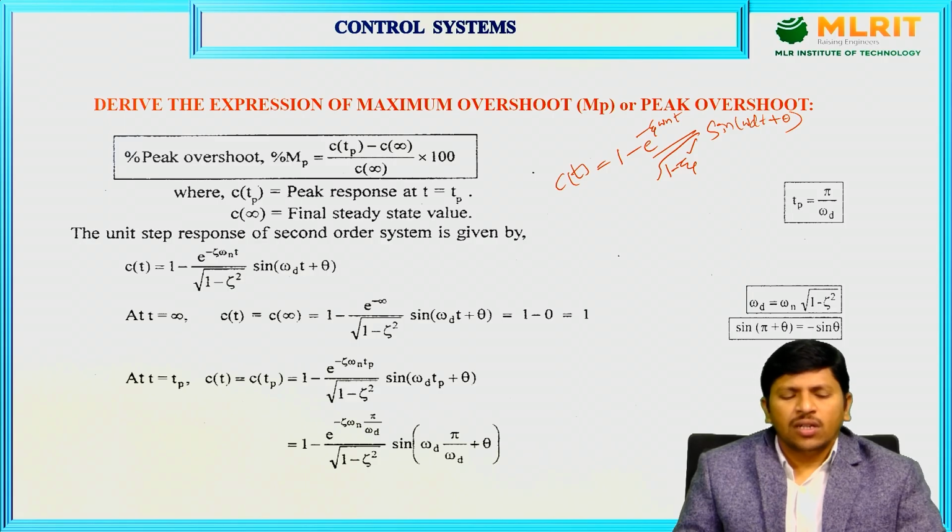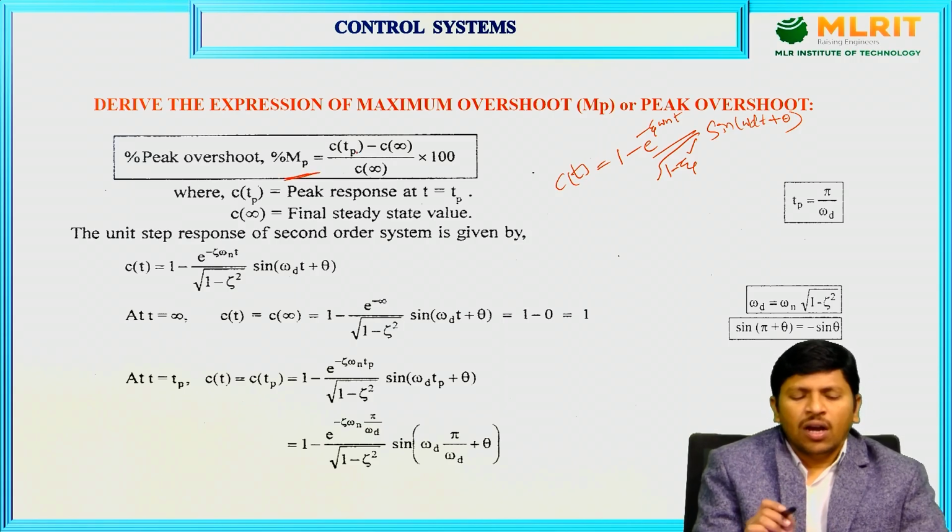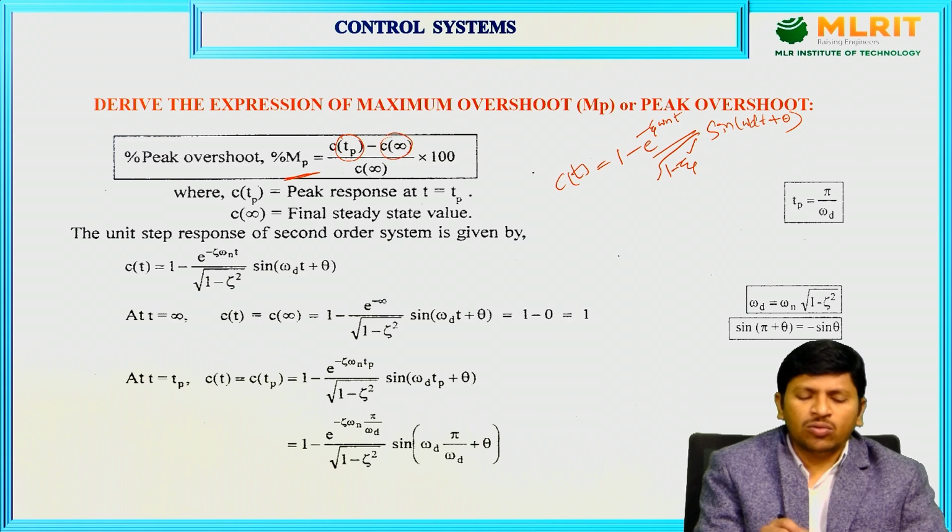Further, now we are going to derive the maximum overshoot or peak overshoot. The percentage peak overshoot or maximum overshoot is the ratio of the difference between the maximum peak value and the final value, to the final value.